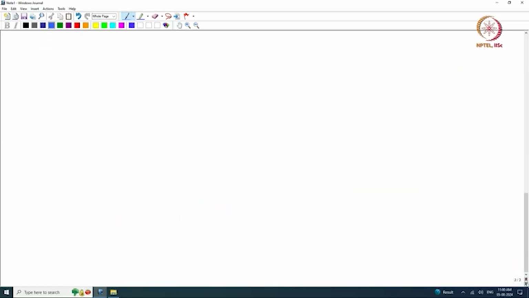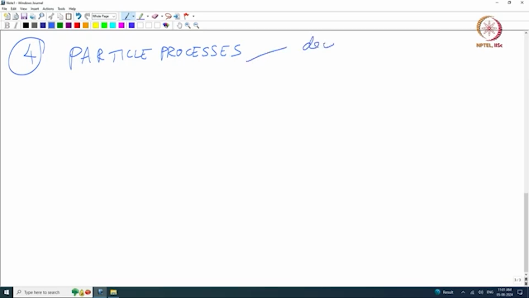Okay, and then once we understand these things, we will move on to particle processes. Because it's these processes that give us a window into the underlying code of the universe, right? So the particle processes, we will for instance look at decays, various scatterings.